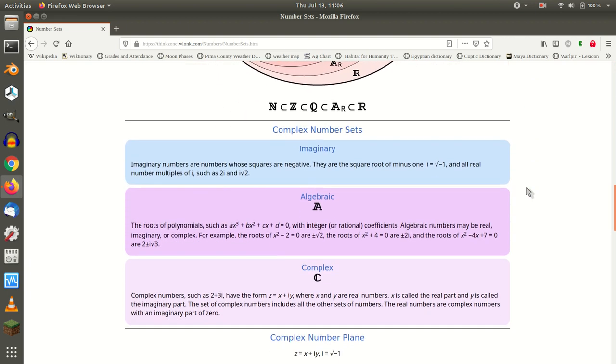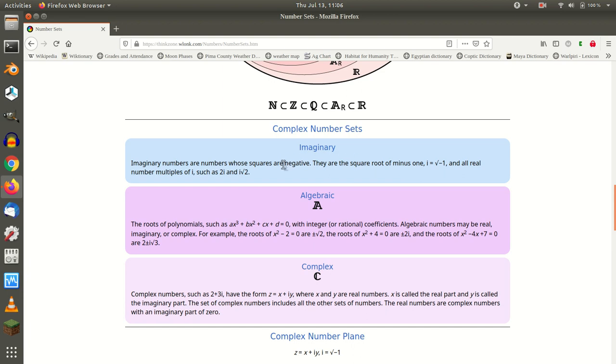Square root of 0 is 0. So by this definition, 0 cannot be an imaginary number. Okay? Problem with that is once you get to the complex numbers, if you want to say that the reals are complex numbers with an imaginary part of 0, then you have to say that 0 is an imaginary number. So you've contradicted yourself here.